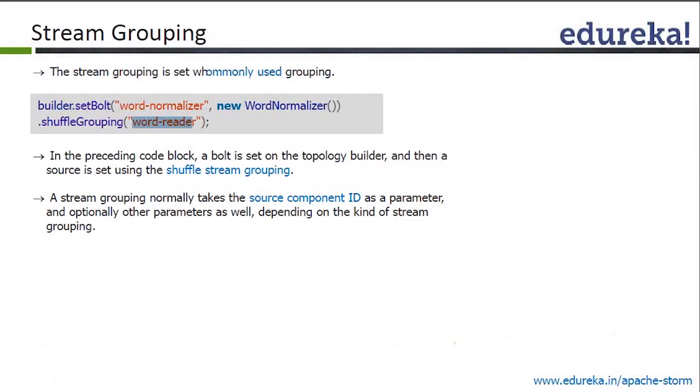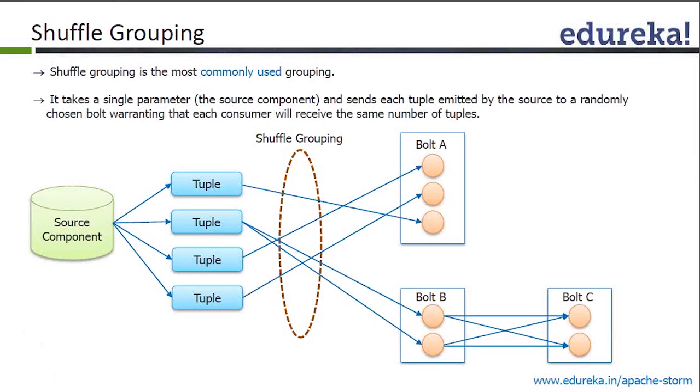Now, about the shuffle grouping. So when I said shuffle grouping, very good. What does it do? Many a times, it is called a load balancing kind of grouping also.